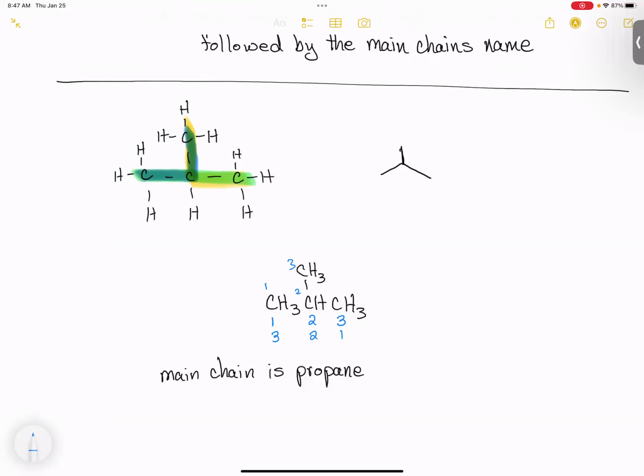It did not matter. What you will notice is that the substituent always wound up on number 2.